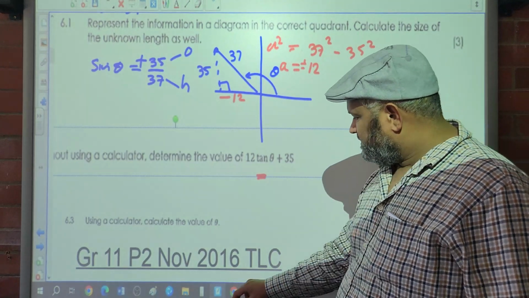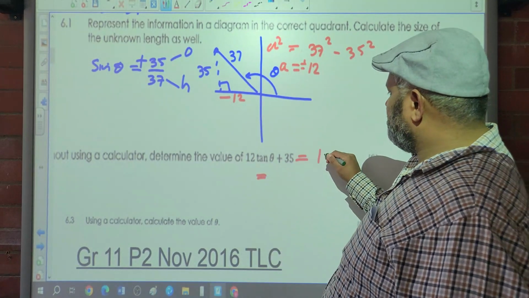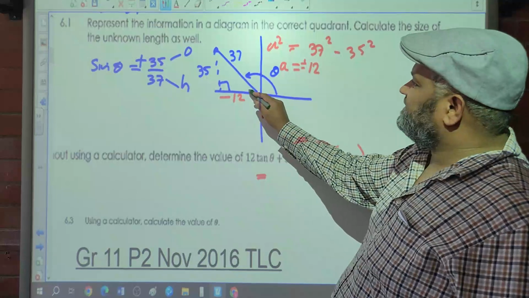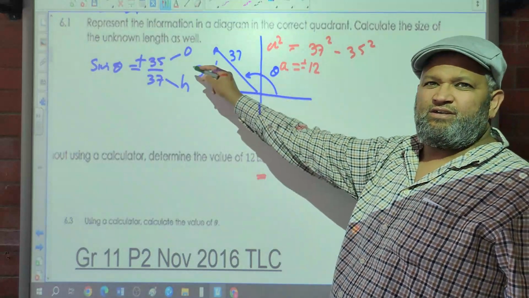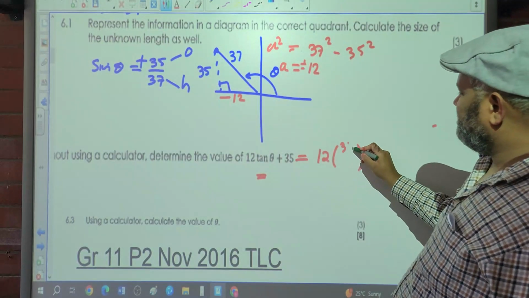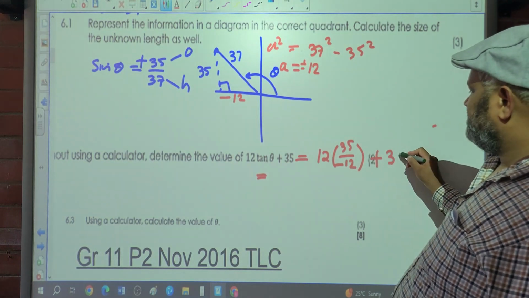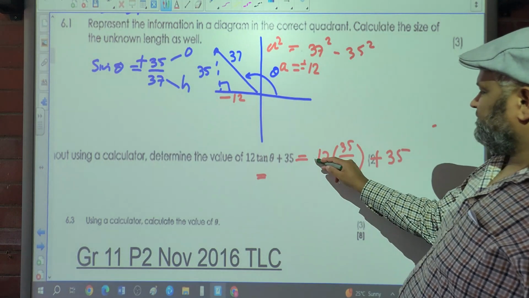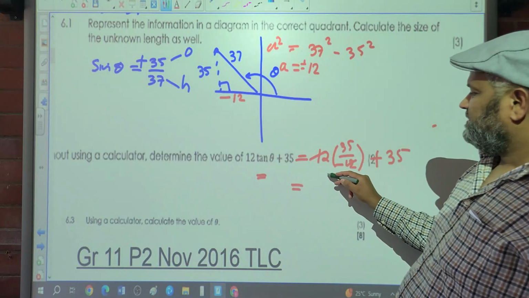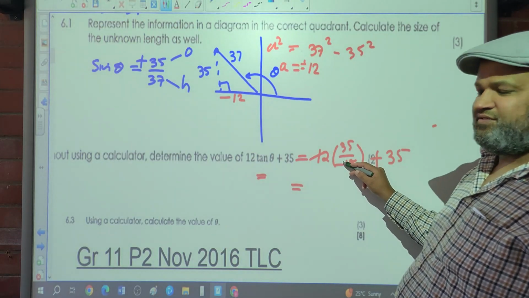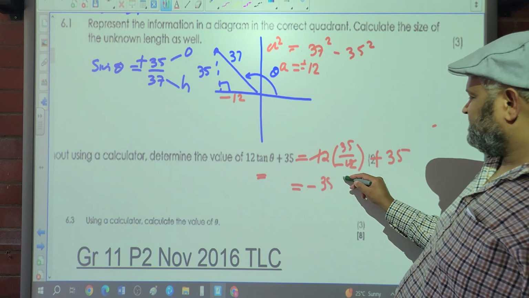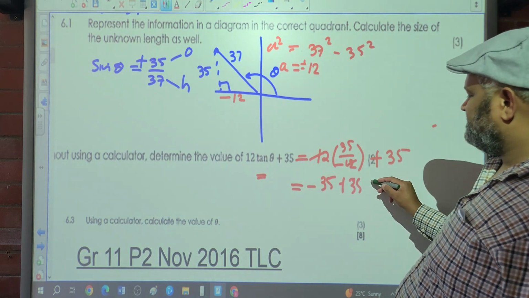So that would simply be 12 tan. What is tan of theta? Opposite over adjacent. So it's 35 over negative 12 plus 35. That of course cancels, not so? So positive divided by negative? Negative. So negative 35 plus 35, which is 0.